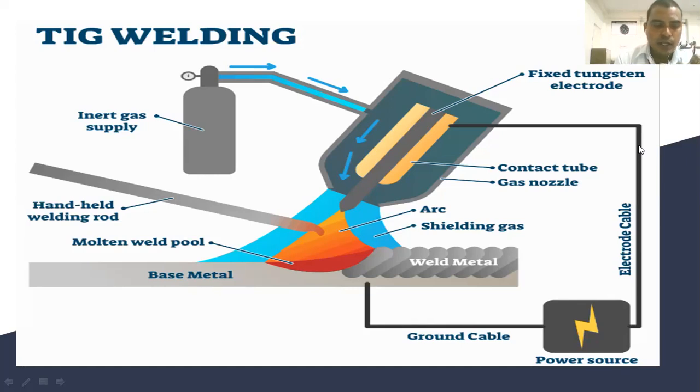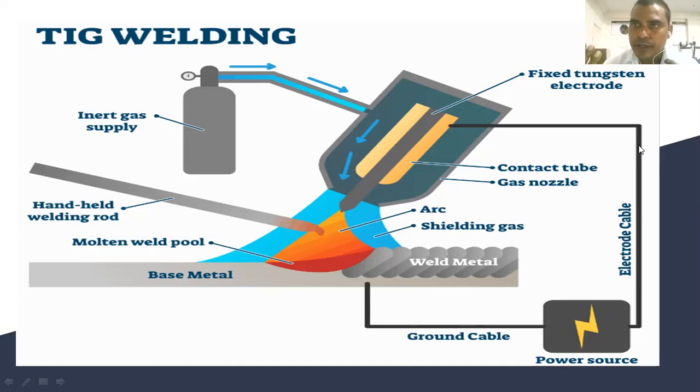In this figure we also discuss inert gas, so we are using argon. Argon is normally preferred over helium. As I told in the previous lecture, in this arc welding we are using inert gas, generally argon or helium. But in TIG welding, argon is normally preferred over helium because it requires a lower arc voltage.